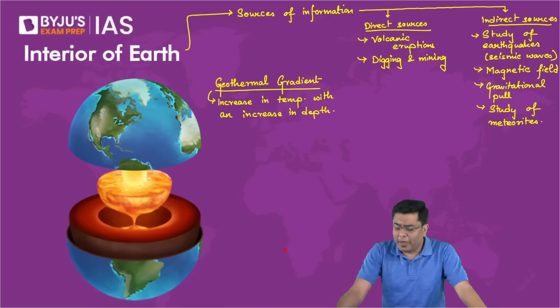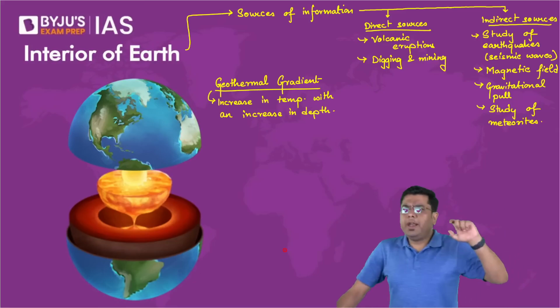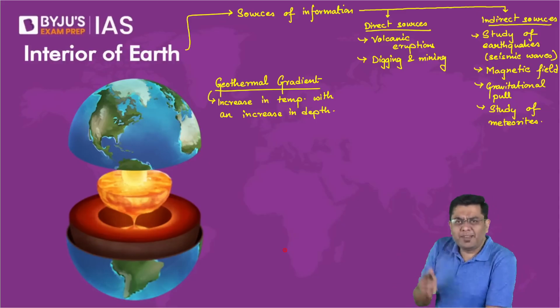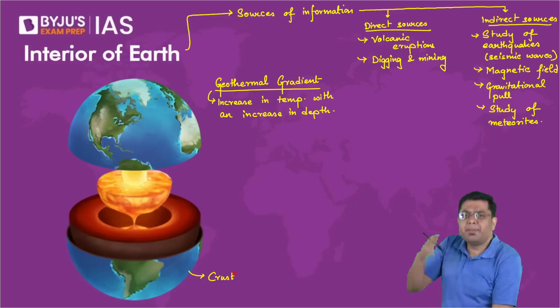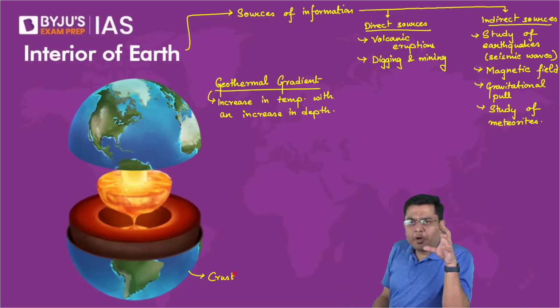Now, when we talk about the structure of the planet, it is broadly divided into three layers. You have the solid, brittle, hard layer on the top, the surface, very thin, that is referred to as the crust. Just imagine a ripe coconut.